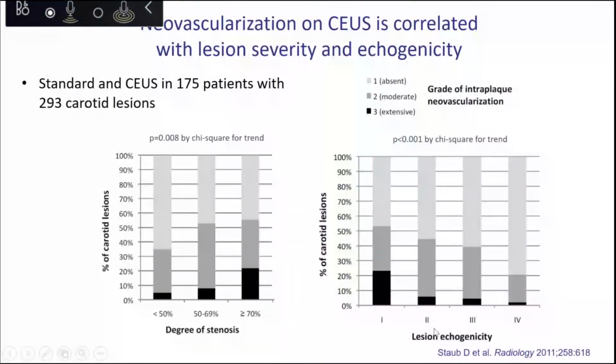We saw that with increased grade of stenosis there was also an increase of vascularization; higher grade of stenosis had higher vascularization. And this is in line with the concept that hypoechoic lesions are more vulnerable, since these hypoechoic lesions seem to be more vascularized than the hyperechoic ones.